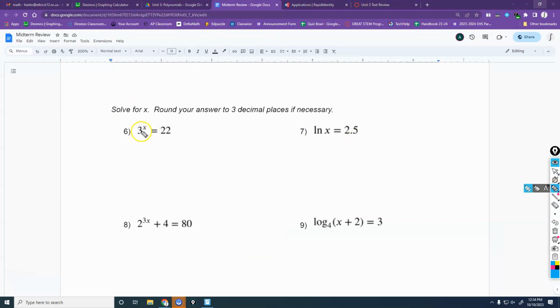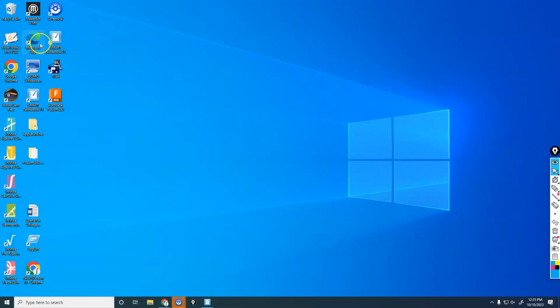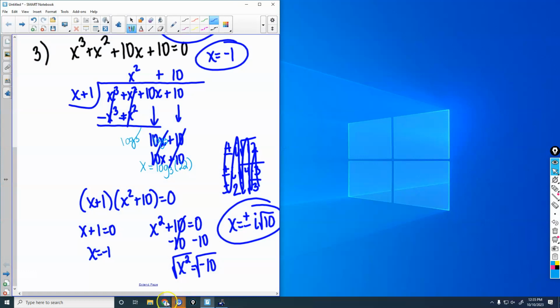How do I get rid of a 3 when I have 3 to the x power? I need to log with a base of 3. And so x equals log base 3 of 22, which you can type into Desmos, or if you want to use the calculator, I'm just going to use the calculator.